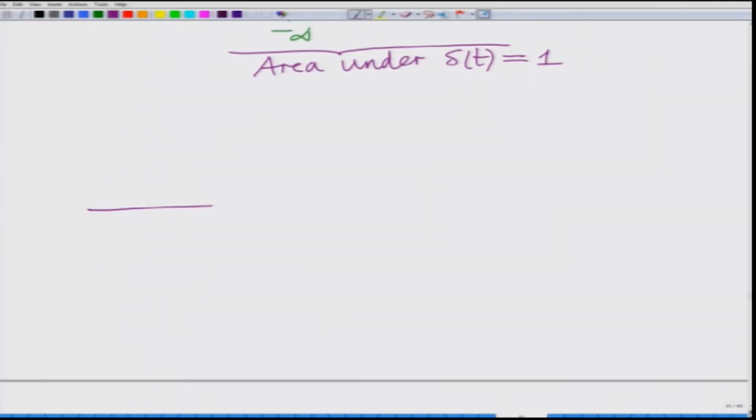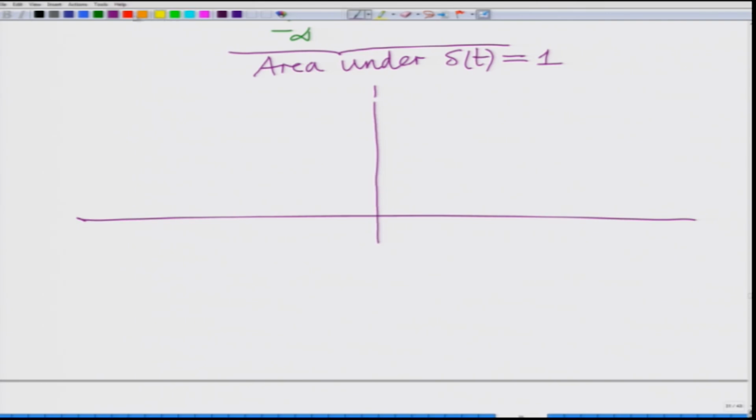This special function, this delta function, is represented as follows. I have 0 everywhere, and at 0 it is represented using an impulse.